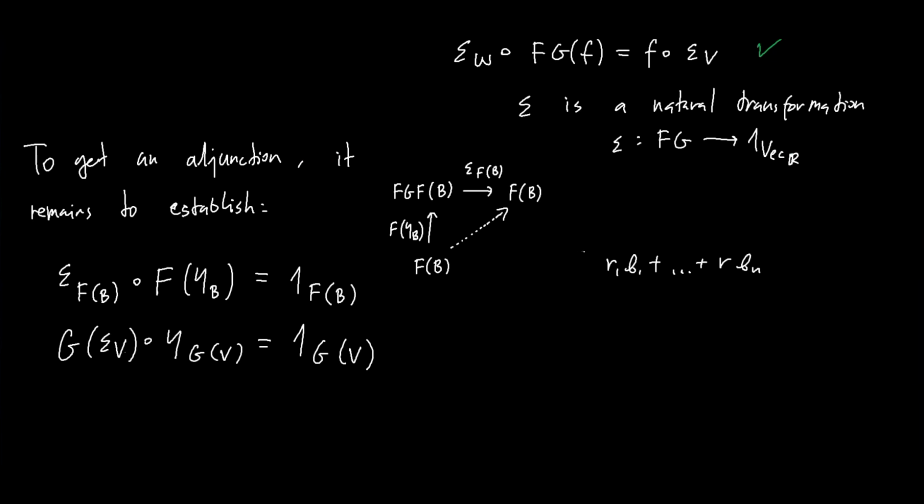Well, okay, so let's do it slowly. If I apply this thing to f of eta B, this is the linear map that is determined by mapping basis vectors by the map eta. But remember that eta maps everything to itself.